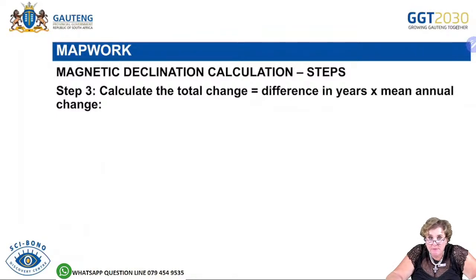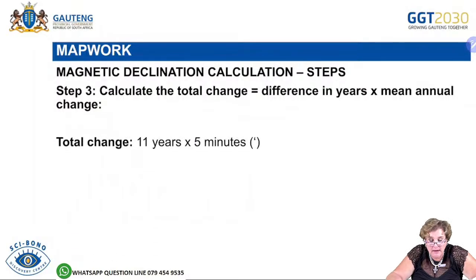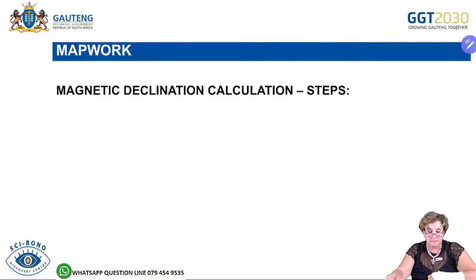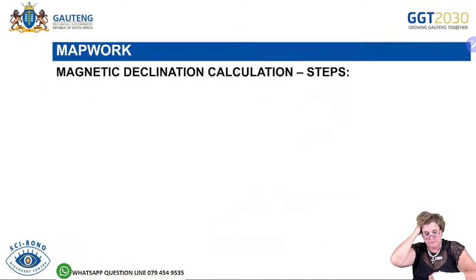That means I take the difference in years that I've calculated and times it by the annual change. Remember, it's 11 years, and each year it moved 5 minutes, so I say 11 times 5 minutes. So the total change will be 55 minutes.